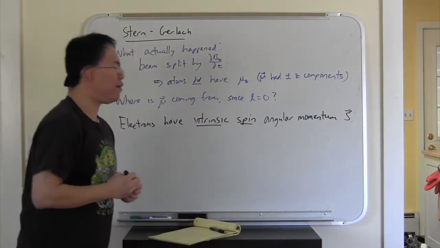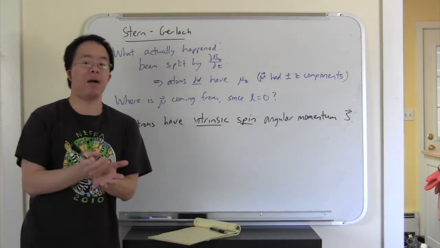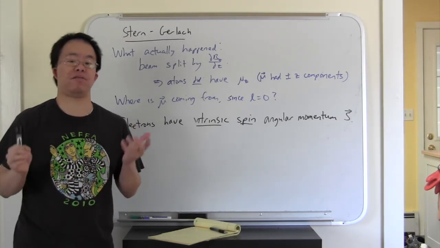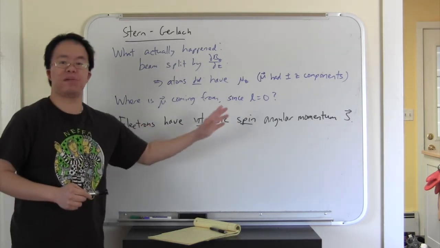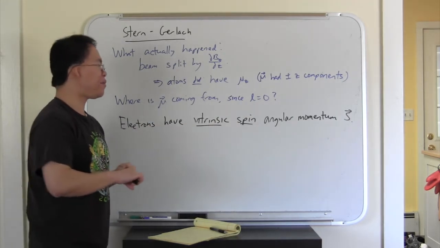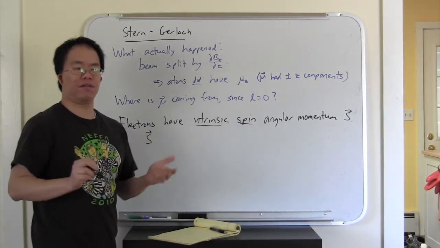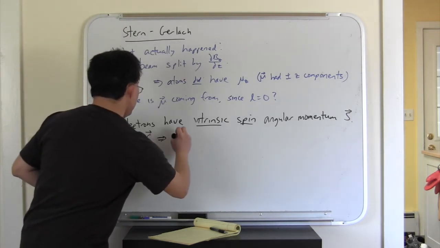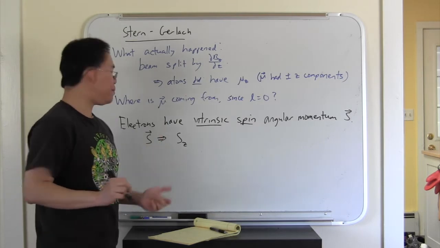What I mean by it being intrinsic is that it's a fundamental property of the electron, like its mass or its electric charge. So the spin angular momentum S can have a z component. So we can talk about the z component of the electron spin.